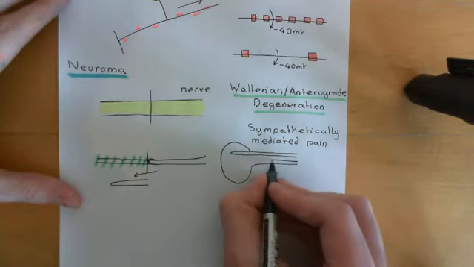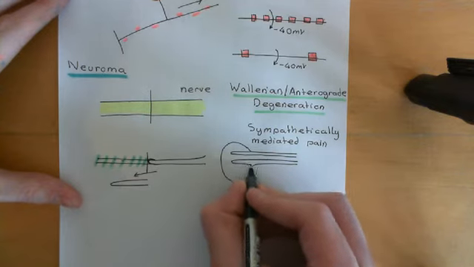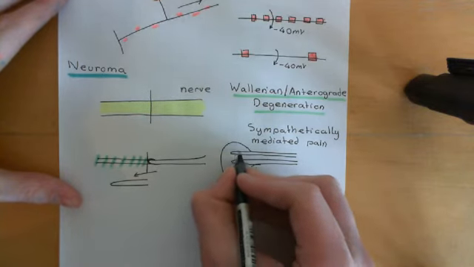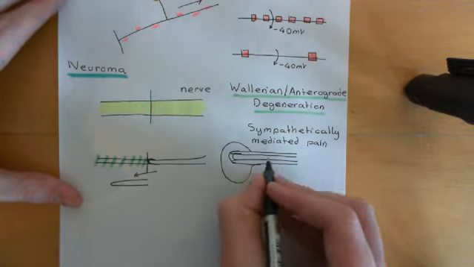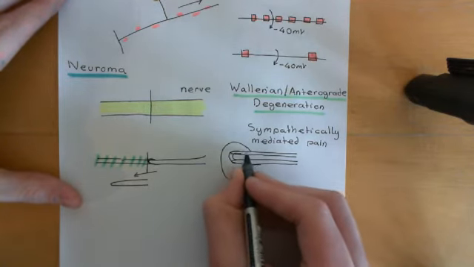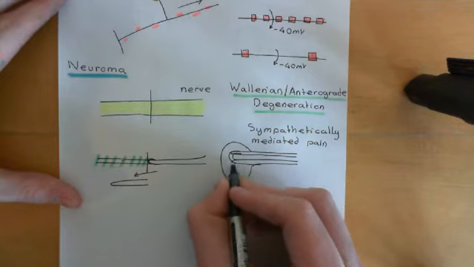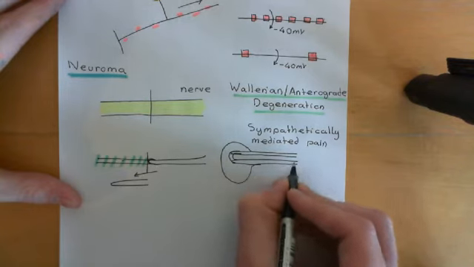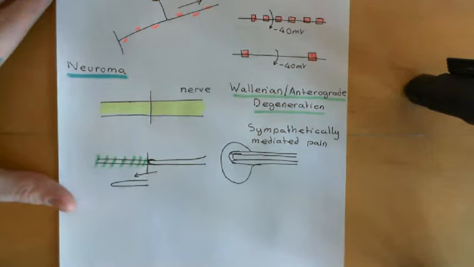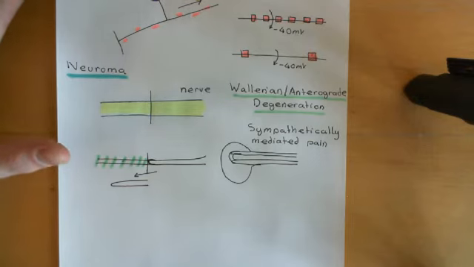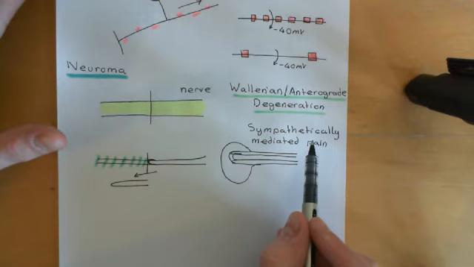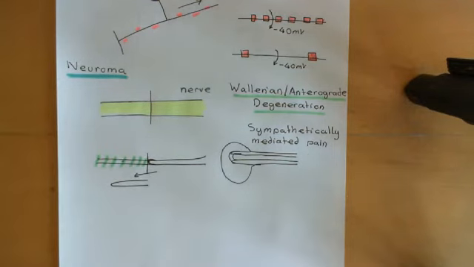So if we have a primary nociceptive neuron here with its stump extending into the neuroma, these two could end up connecting to one another, and then whenever you send an action potential down the sympathetic neuron, it will continue back up the axon of the primary nociceptive afferent, and therefore you'll get spontaneous activation of that primary nociceptive afferent in response to activation of the sympathetic nervous system.